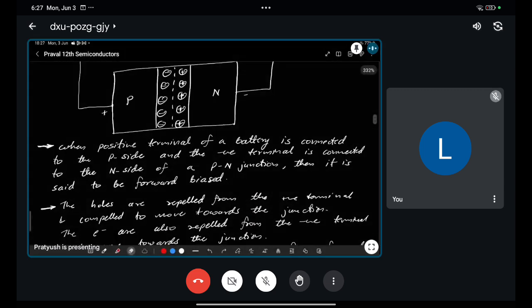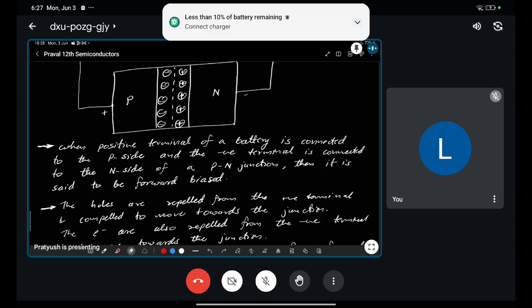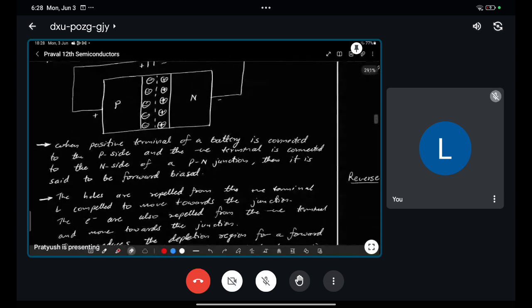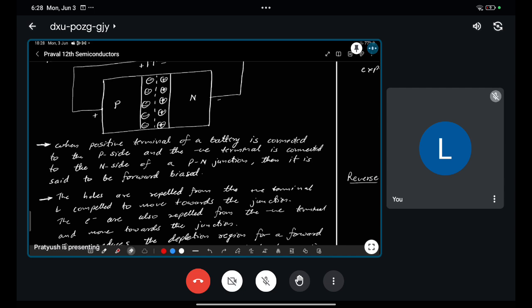See, when the positive terminal of a battery is connected to the P side and the negative terminal is connected to the N side of a PN junction, then it is said to be forward biased. Now, in forward bias, what is happening? Holes are repelled from the positive terminal, because positive and positive repel each other, and compelled to move towards the junction.